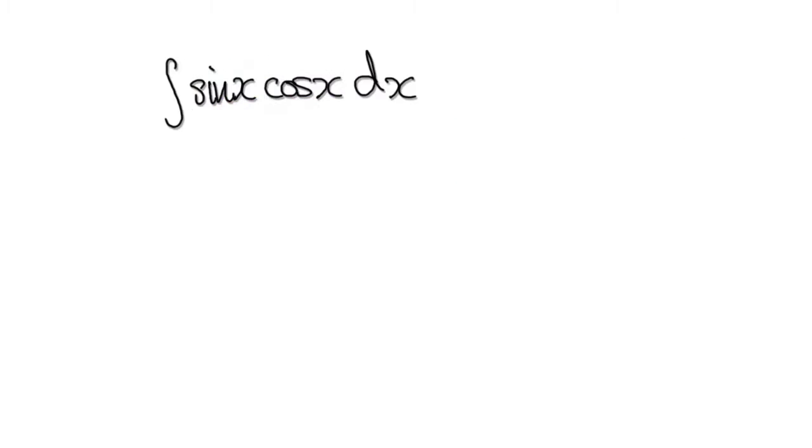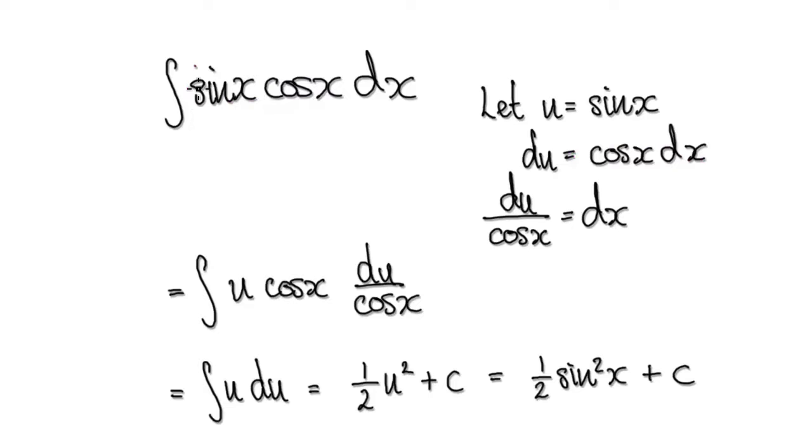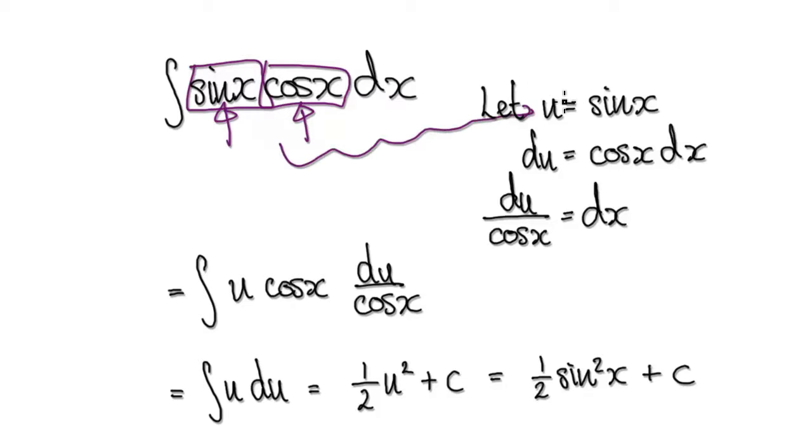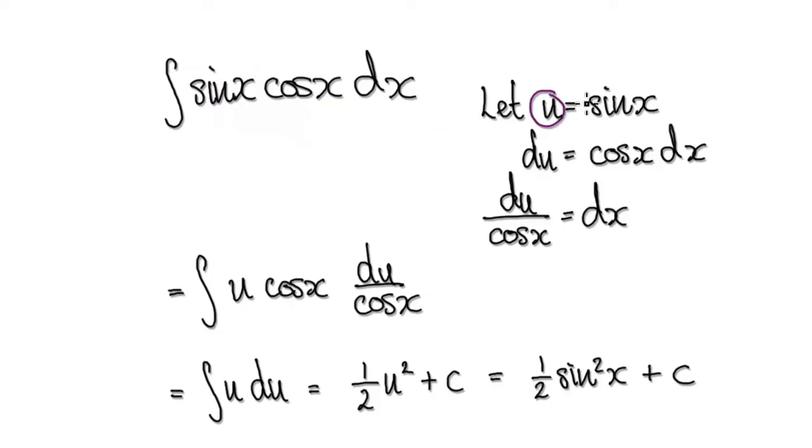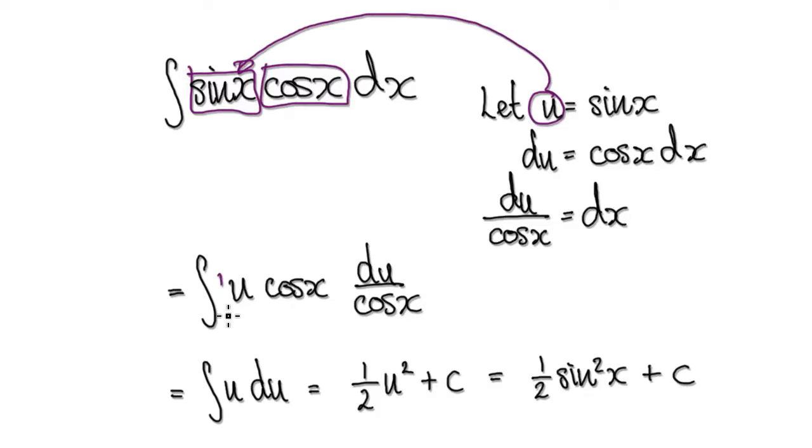So using u substitution, well, here you've got one thing multiplying another thing. If you can recognize that this thing is a derivative of this thing, then use u substitution. So let u equal sine of x. So later on we can put this u into here. So that will then become this.